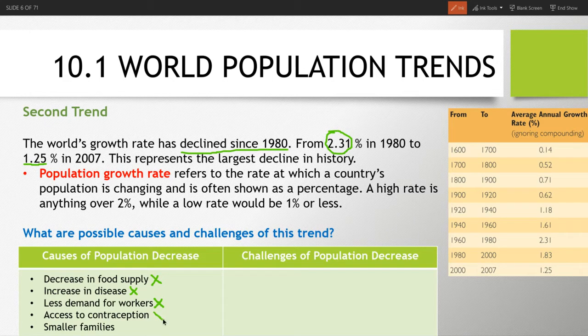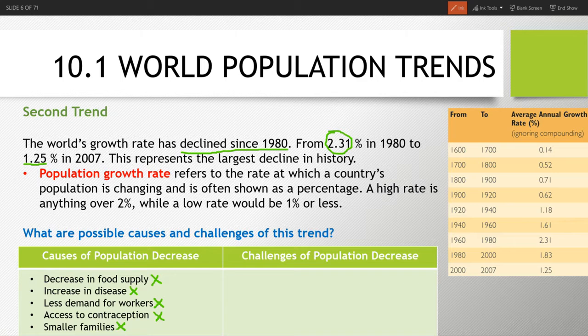Access to contraception, right? So maybe having more birth control available now means that fewer children will be born. And the trend towards smaller families. This is something we'll pick up on as we go through the unit. But you may have noticed, maybe amongst your own family or other families of people you know, today it's less likely in our part of the world to have a large family.